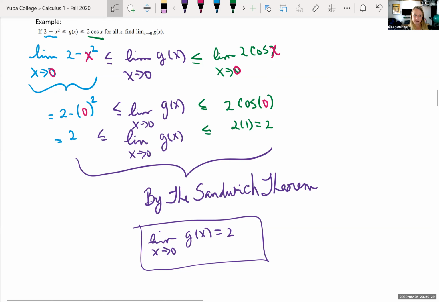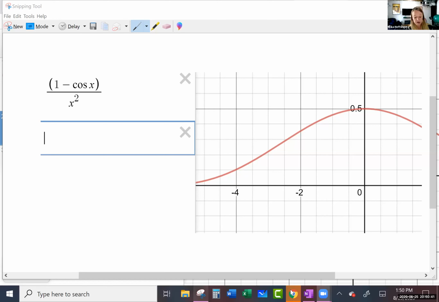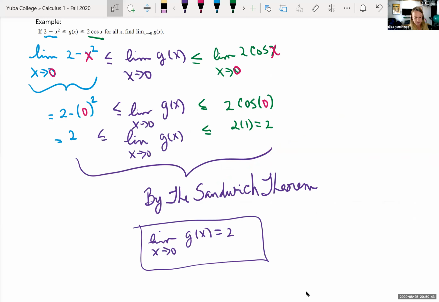So if there was a different number on the left side of the inequality and the right side of the inequality, is there a limit at that point? We wouldn't know that. It would just tell us that the limit would have to be bounded between those two values.